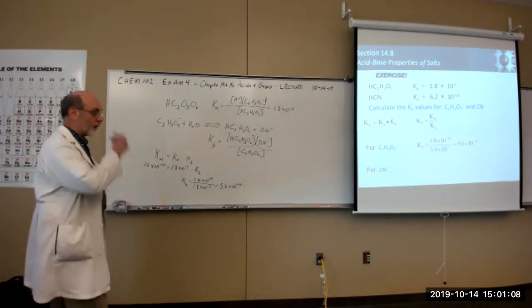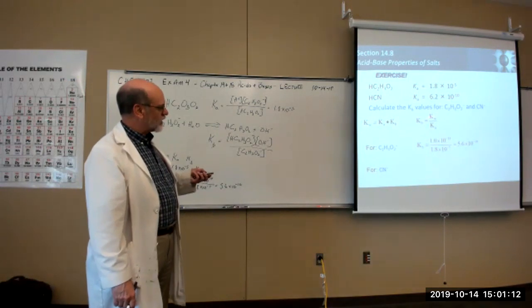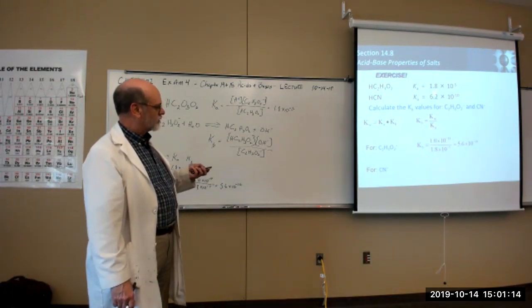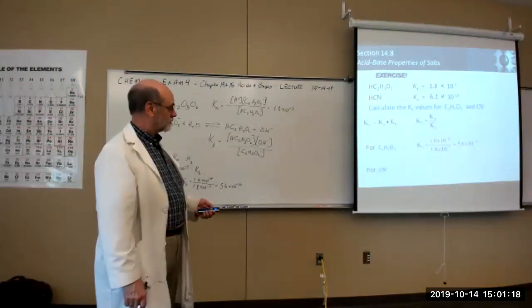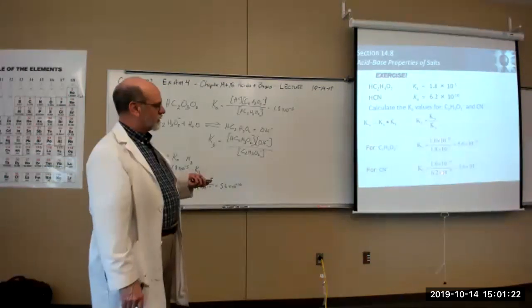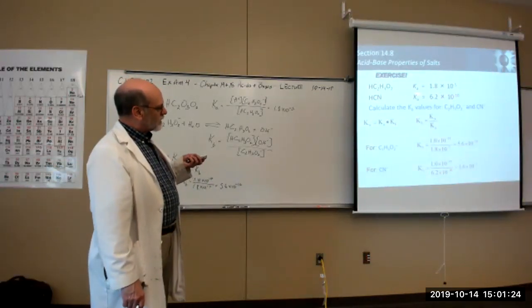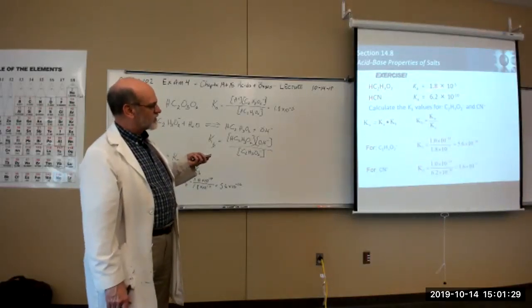How about cyanide? Well, if you use the same procedure for cyanide, all we need to do is take Kw and divide by the Ka for hydrogen cyanide, hydrocyanic acid. And we get 1.6 times 10 to the minus 5th. Okay, so hydrocyanic acid is a weaker acid than acetic acid.